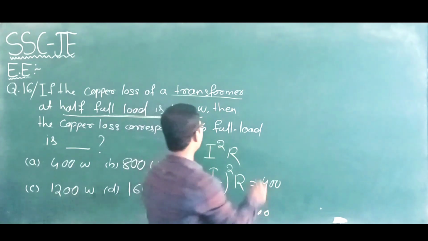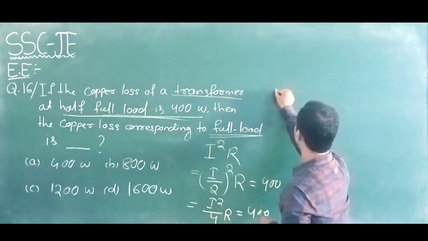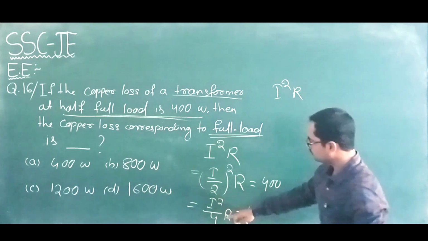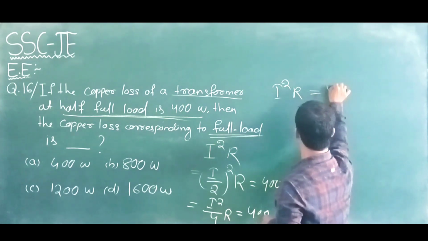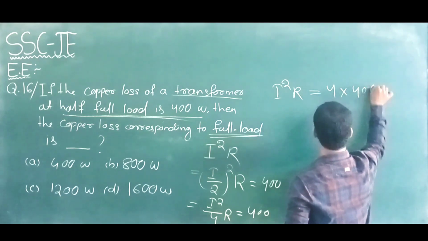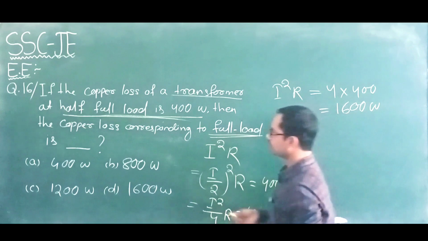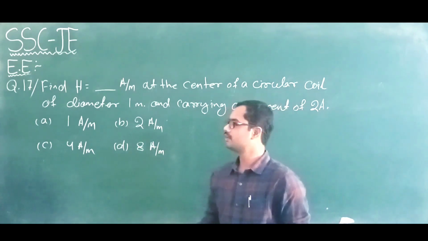Our requirement is to find the full load copper loss, which is only I square R. So from I square R by 4 equal to 400, I square R equals 4 into 400, which is 1600 watt. So option D is the correct answer.